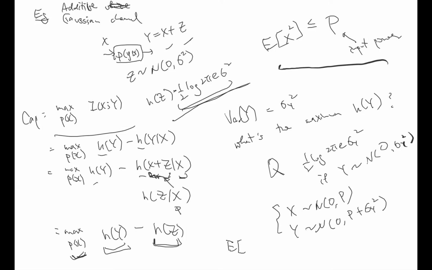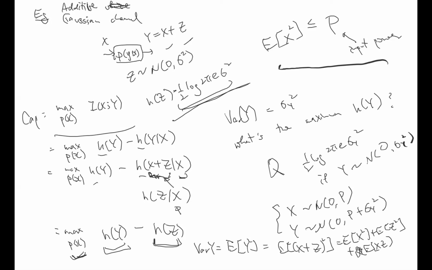Because when everything is zero mean, the variance of Y is just equal to expectation of Y square, so equal to expectation of (X plus Z) square, which is expectation X square plus expectation Z square plus 2 expectation XZ.